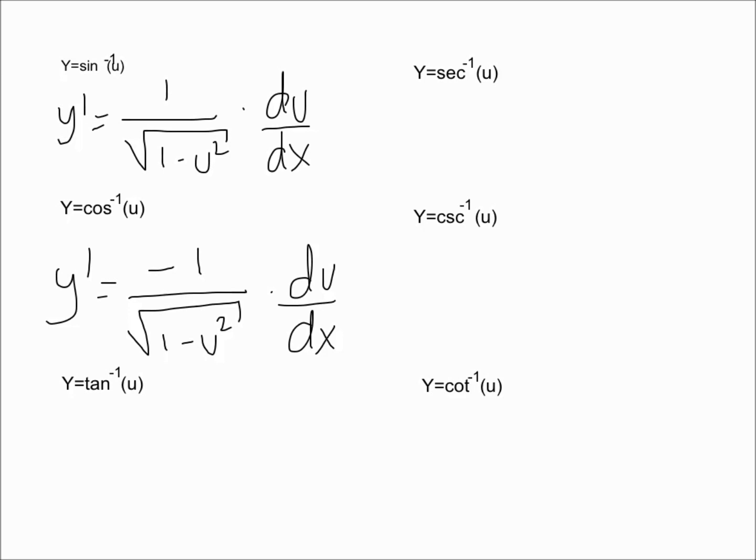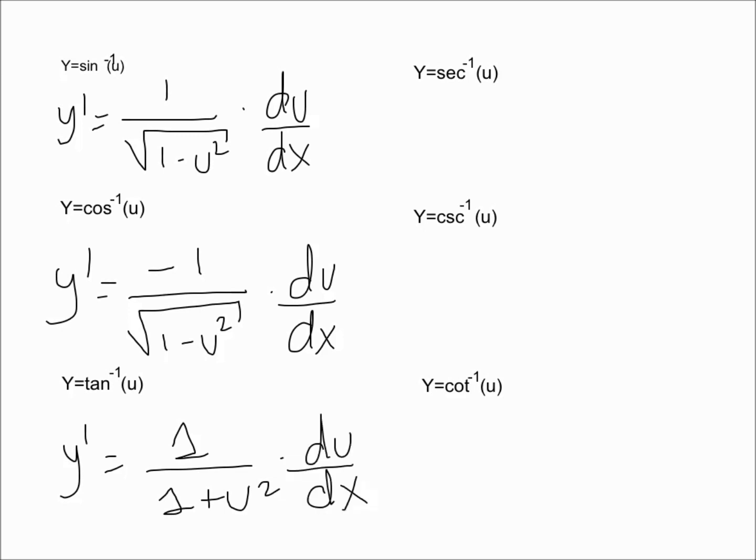Now for the ones I didn't solve, first of all, the inverse tangent, y prime is equal to 1 over 1 plus u squared. So it's basically they're all similar, like in the way they're written, but some have a different sign, some have the square root. So be aware of that.